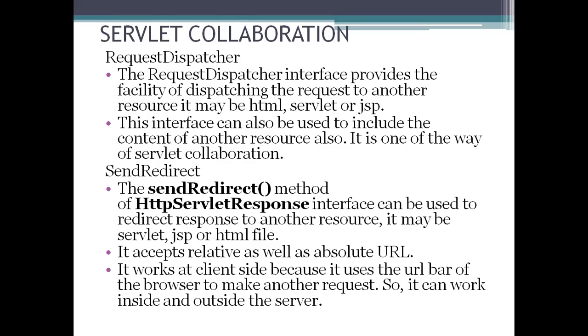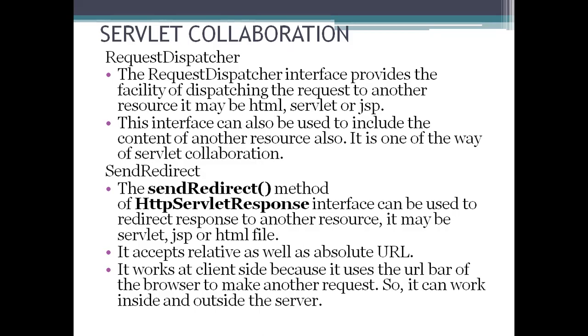Now, after discussing request dispatcher and sendRedirect methods, I will see what the differences between them are. First, while forwarding a request from source to destination, the client is not intimated or informed. This is in the case of the forward method.